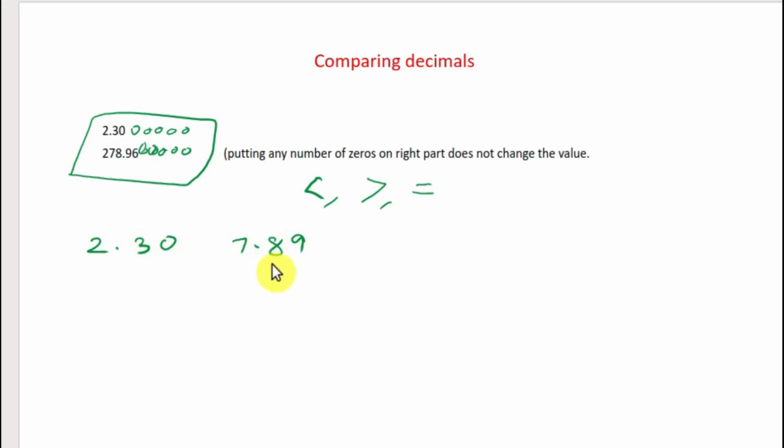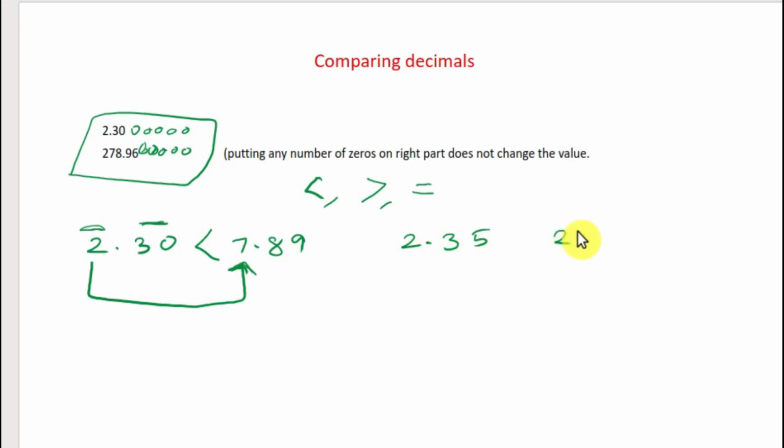When comparing these two decimals, this is the whole part, this is the decimal part. First, we have to compare the whole parts, 2 and 7. Which is larger? 7 is larger, so this is the larger decimal.